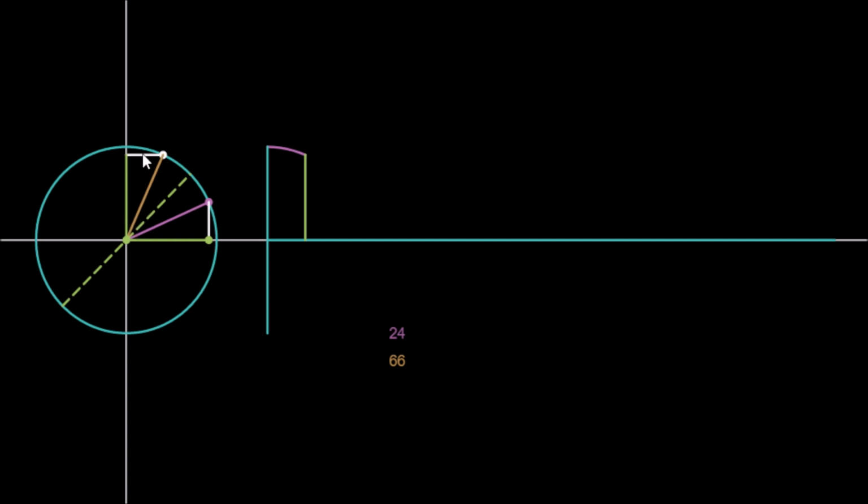Well, the x distance is just this distance here, which is in white. But this distance in white is exactly the same as the distance in white here, which gives us the sine function. So we can say that the cos of 90 minus x is equal to the sine of x.